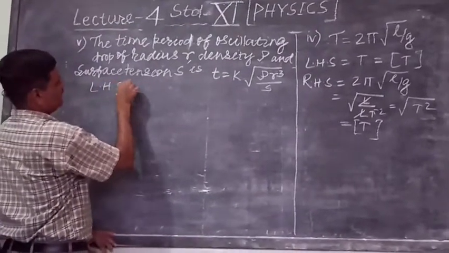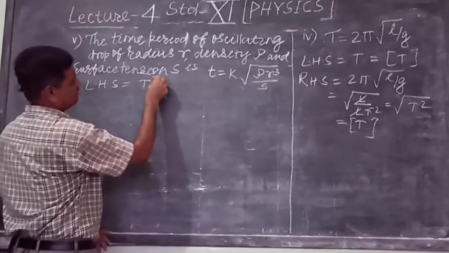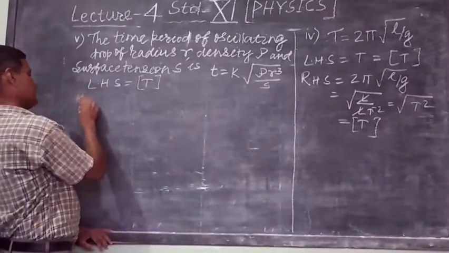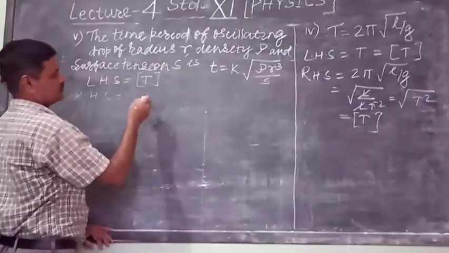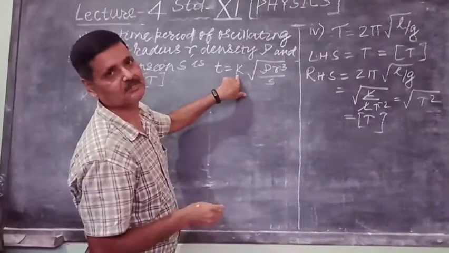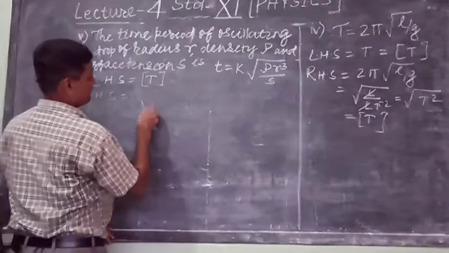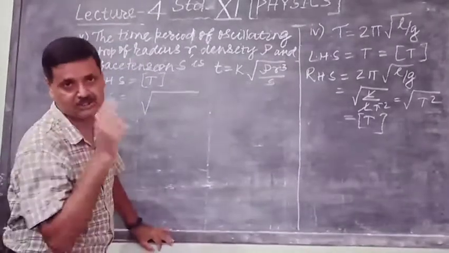The LHS term is the time period. The dimension of time period is your T. For the RHS term, this k is a constant, and a constant is a dimensionless quantity. Only you have to write rho, that is density.